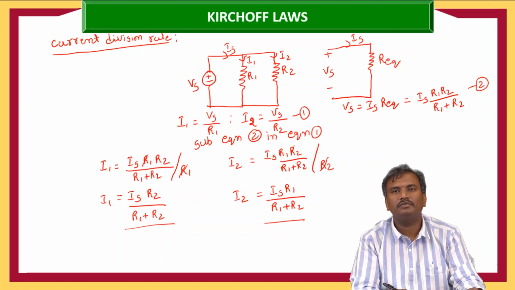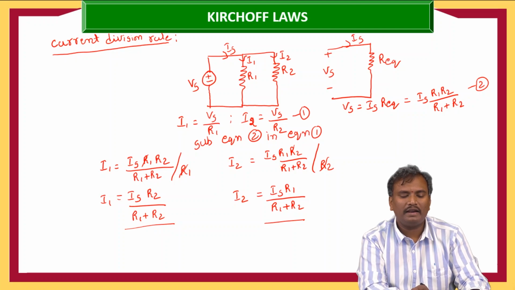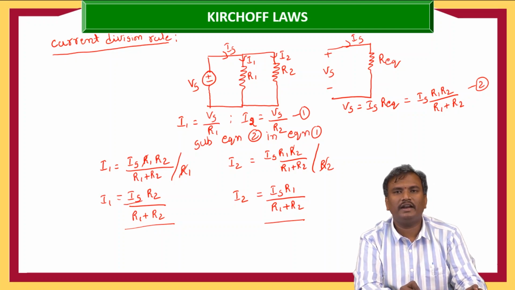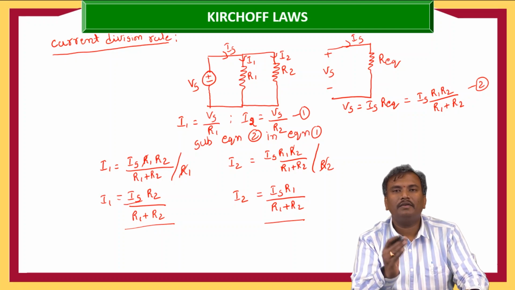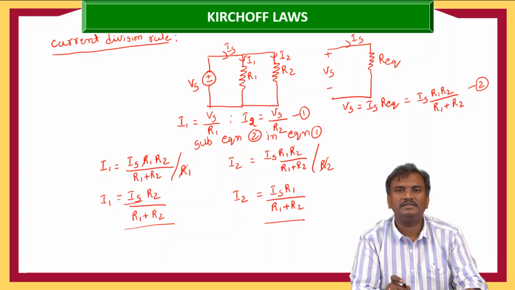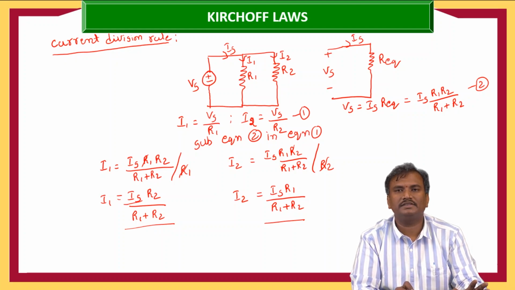By seeing these equations, we can say that the current flowing through any parallel element is equal to the current entering multiplied by the opposite resistance, divided by the sum of the two resistors.